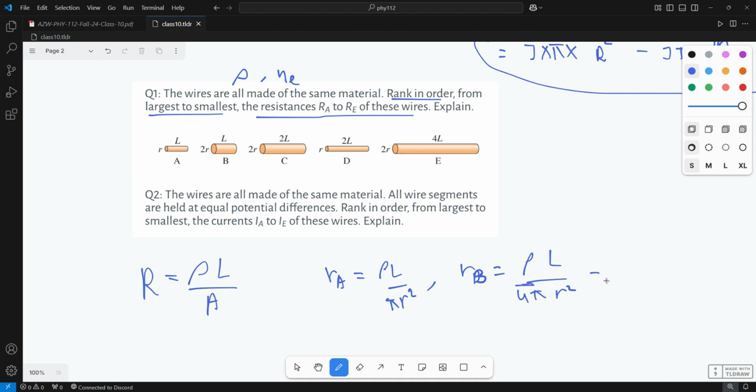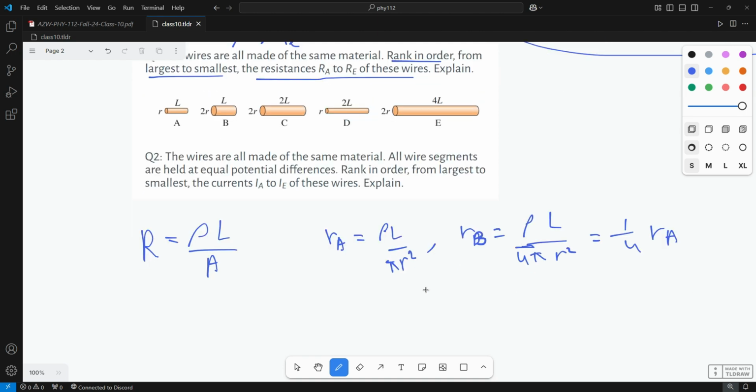We can also write this as 1 by 4 Ra. For Rc, we can write rho times 2L divided by 4 pi r squared, or 1 by 2 rho L by pi r squared, which we can also write as 1 by 2 Ra.